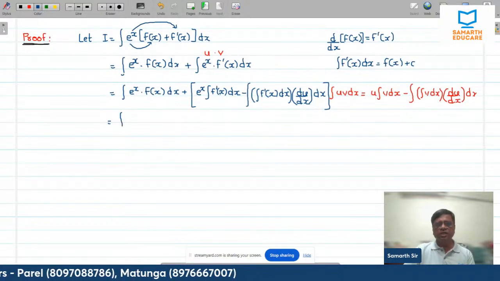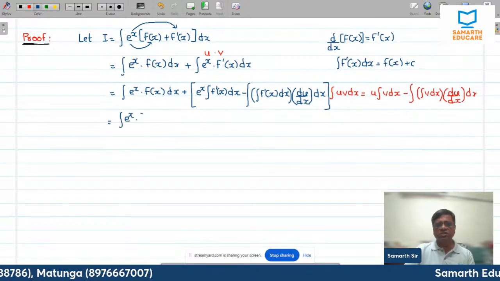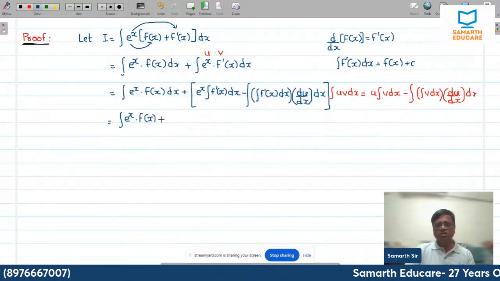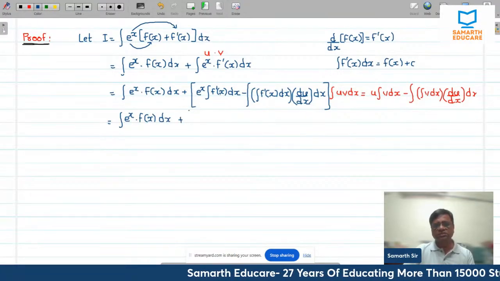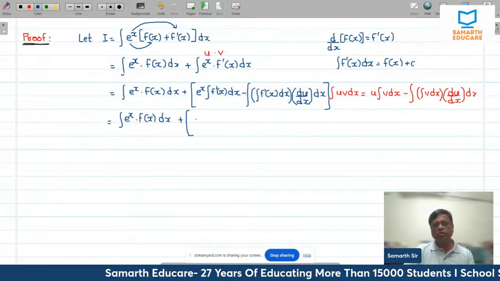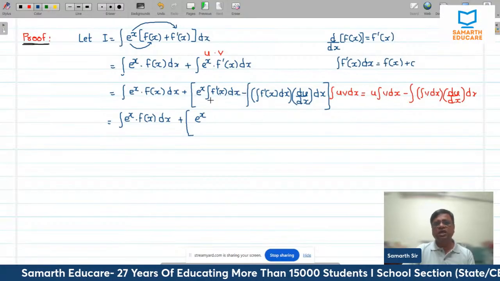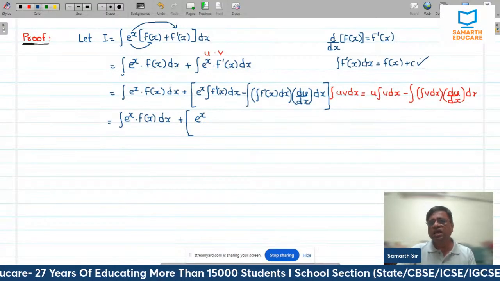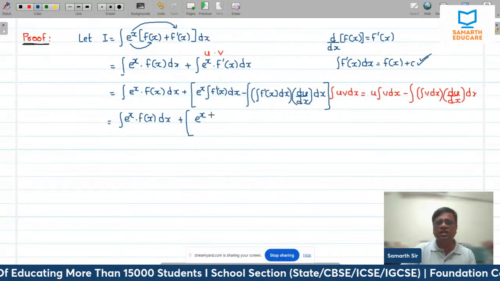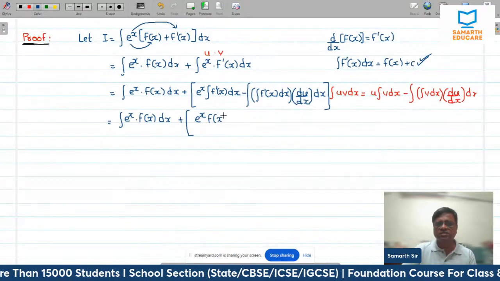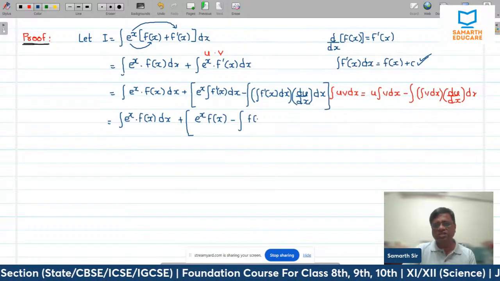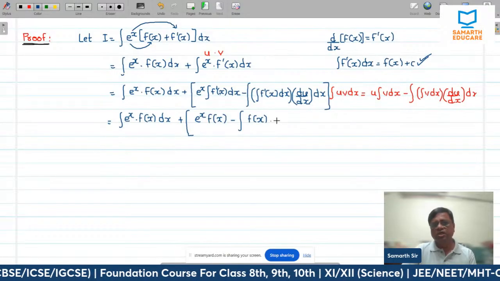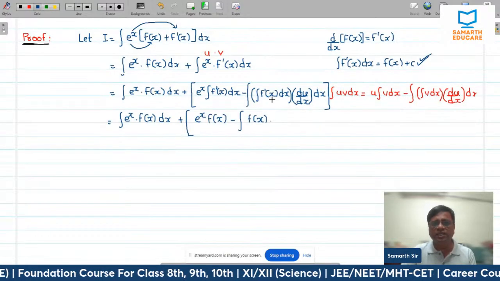Now integration of e raised to x f of x dx plus, coming back to this, is e raised to x. What is the integration of f dash x? Look at this. The integration of f dash x is f of x minus. Once again, what is the integration of f dash x? f of x, du by dx. Okay, here by mistake I wrote du by dx.